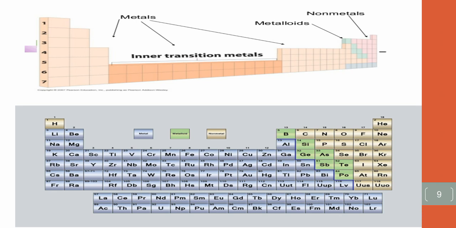While in the upper right corner of the periodic table there are non-metals.